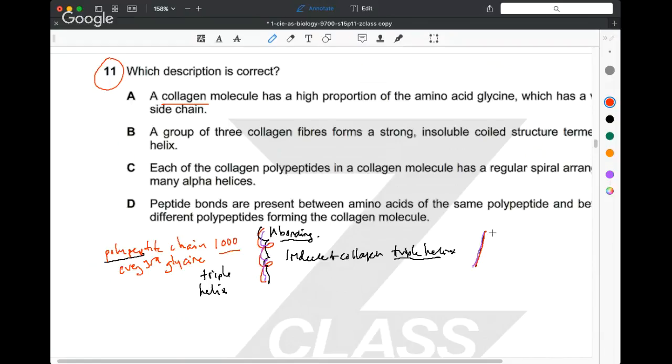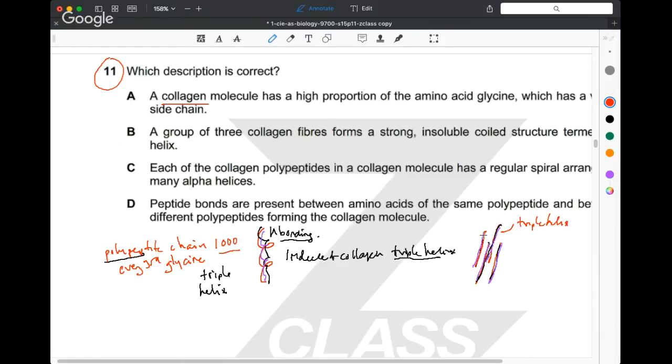And then you've got another one like this. And then you've got another one, and so on. I could keep drawing, but let's draw 4 so you don't get mixed up, because we could just keep going on like this forever. Okay, so each one of those is this triple helix, isn't it?